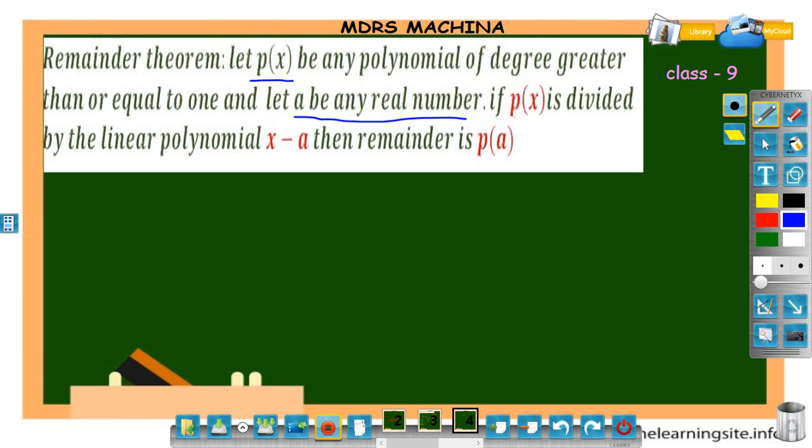Then if p of x is divided by the linear polynomial x minus a, the remainder is p of a.